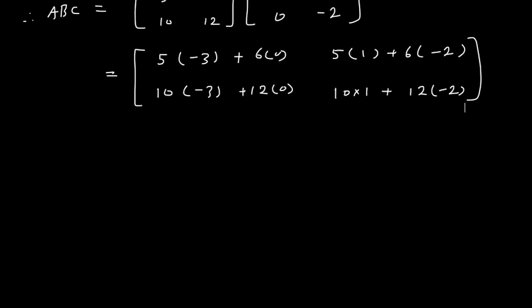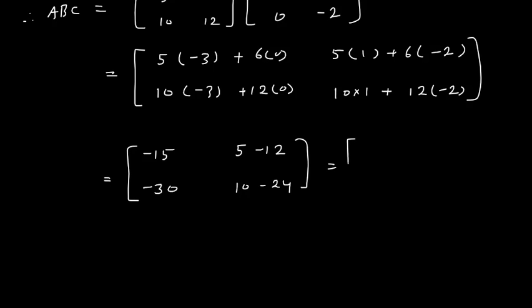So this is equals to, 5 into minus 3 is minus 15 plus 6 into 0 is 0, 10 into minus 3 is minus 30, here 5 into 1 is 5, minus 6 into 2 is minus 12, here 10 into 1 is 10, minus 12 into 2 is minus 24.